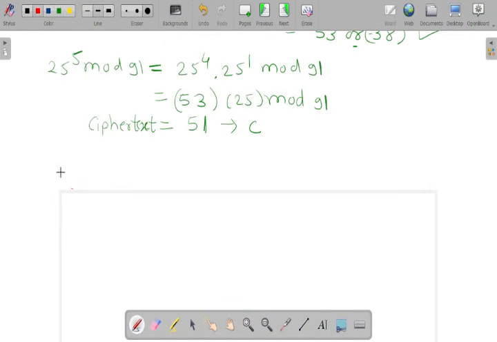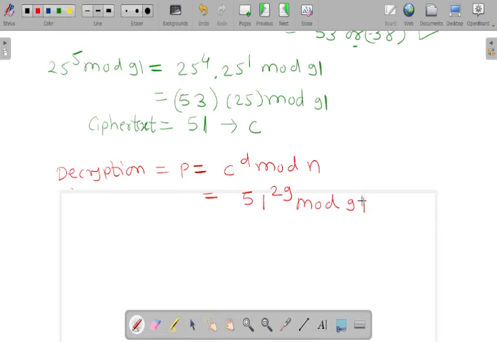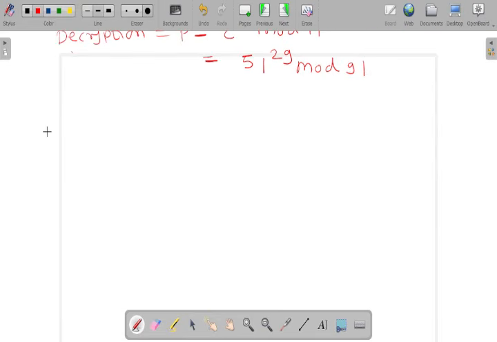So in the decryption process, what is the formula? Plain text is equal to C raised to D mod n. So C raised to D is nothing but 51 raised to 29, so D is 29, and mod 91. So again we start the process: 51 raised to 1 mod 91 is nothing but 51.